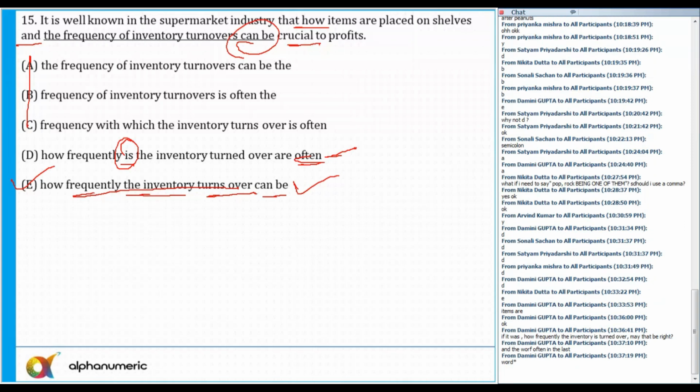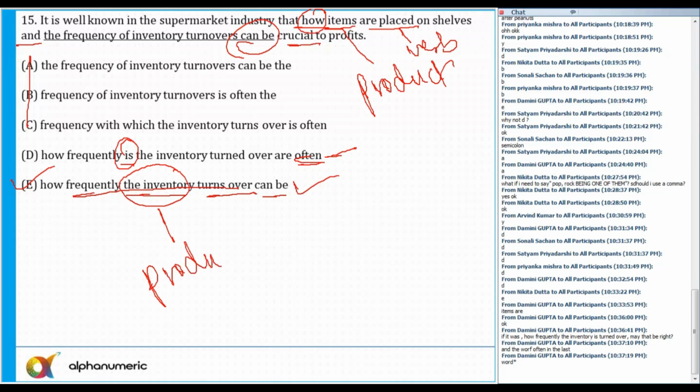Items are placed. How items are placed. If I look at it from the angle of parallelism: how, product, verb. How product are placed; how product is inventory and the verb is turns over.